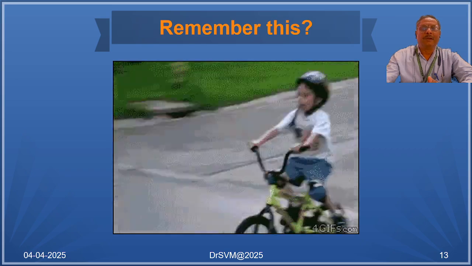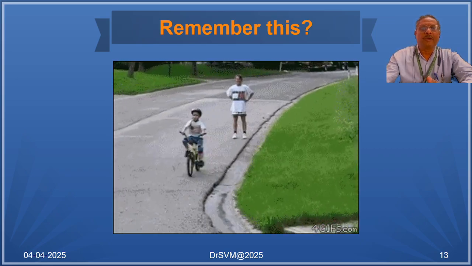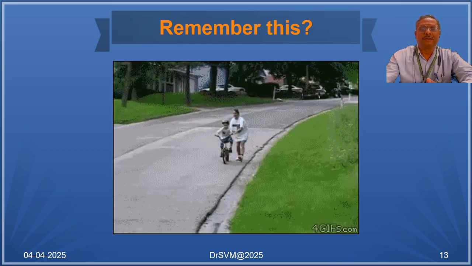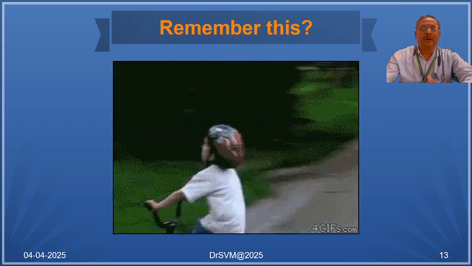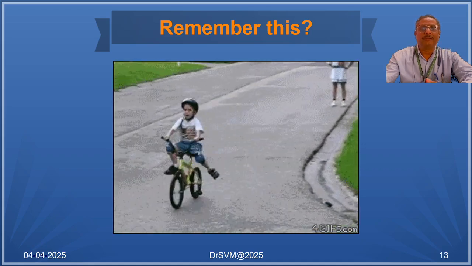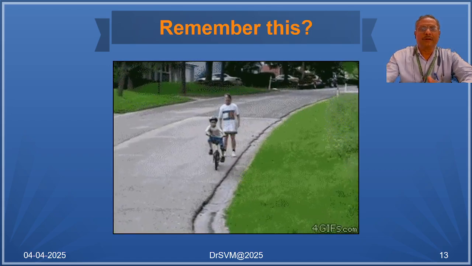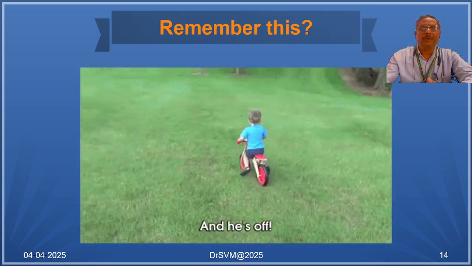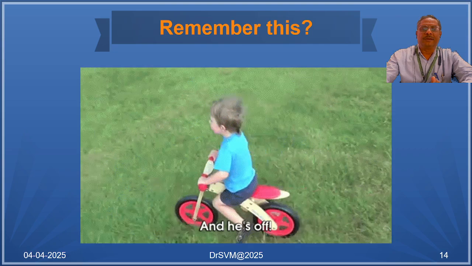The mind will try to remember these things and repeat the actions that give positive results more often, and avoid the actions that give negative results as much as possible. This way we continue, and finally we will be expert in riding a bicycle.